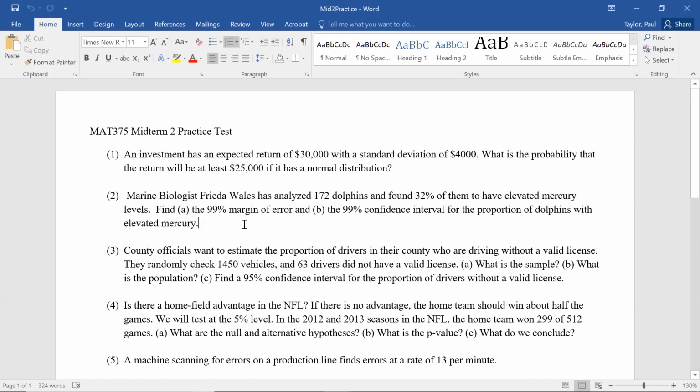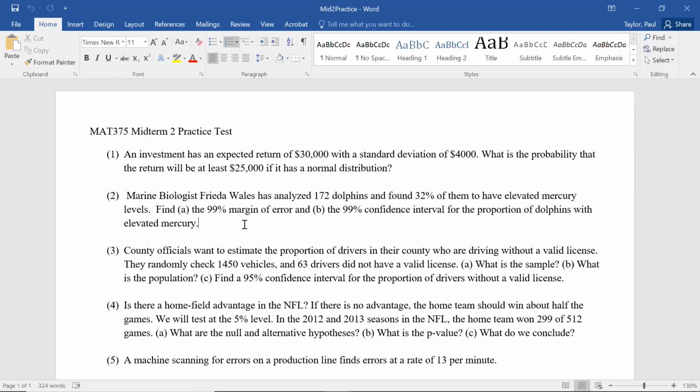Now, in order to do this with Minitab, Minitab wants to know in our sample how many there were in the sample. So that was 172. And then how many events were there? So how many had elevated mercury level? We aren't told the number of dolphins that have elevated mercury level.